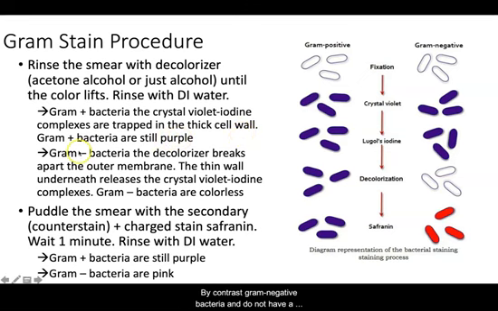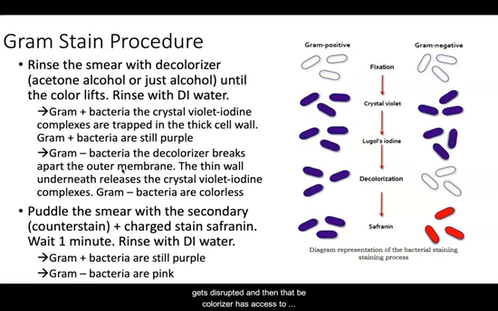By contrast, gram-negative bacteria do not have a thick cell wall. Instead, they have a thin layer of peptidoglycan, a thin layer of a cell wall. And so when this decolorizer is added, it's going to disrupt an outer membrane that exists only in gram-negative. So that gets disrupted.